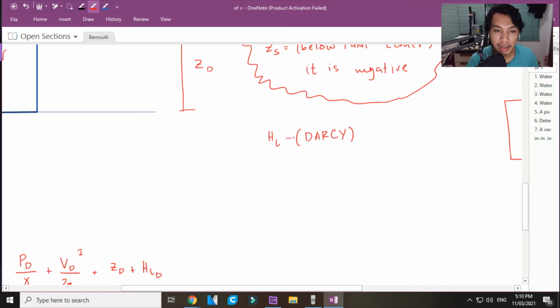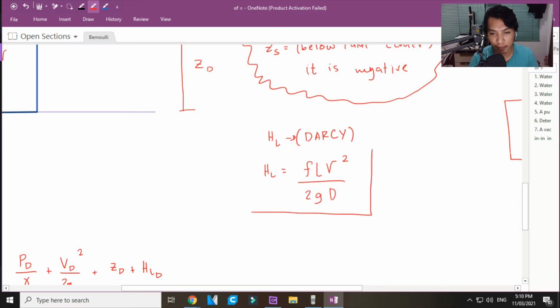What is Darcy? Okay? Yung head loss ng Darcy. Ang head loss ng Darcy equation is F. Ayan, the coefficient of friction, the length of the pipe, multiplied to the velocity of the flow, FLV squared over 2G or gravity, local gravity, times the diameter of the pipe.